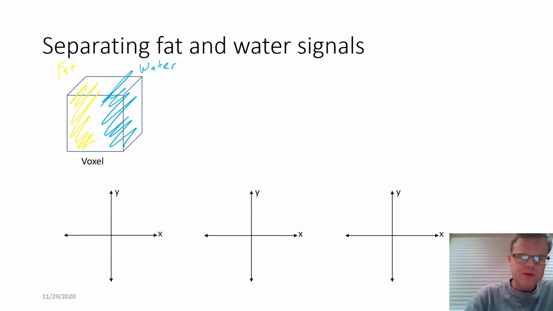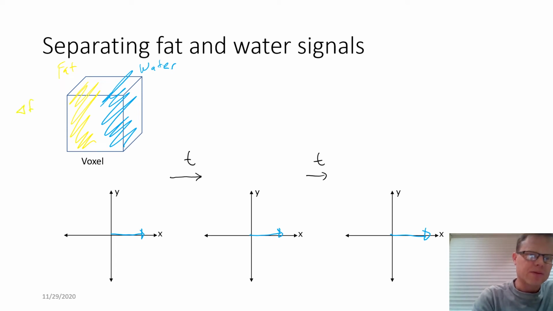But what we assume is that water is on resonance, so it gets tipped down into the transverse plane. Here's time moving along, and the water remains aligned, so it has no net frequency offset, whereas our fat, we said, had some frequency shift due to the chemical shift phenomenon.